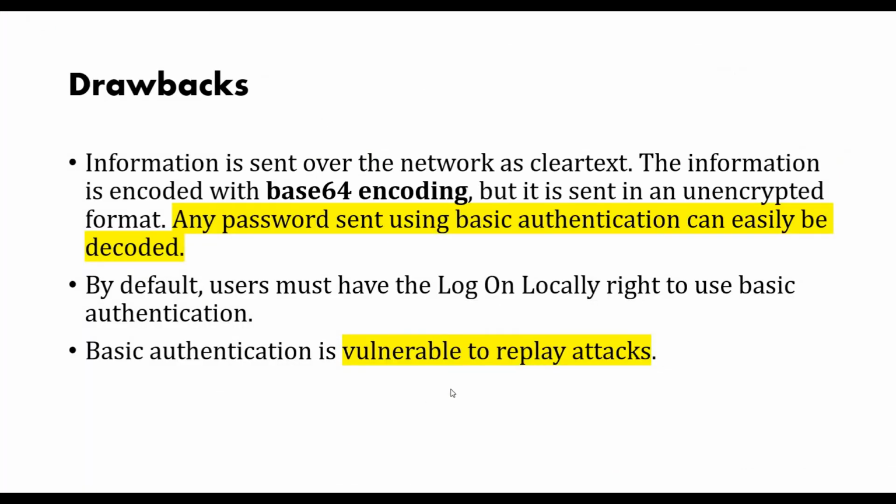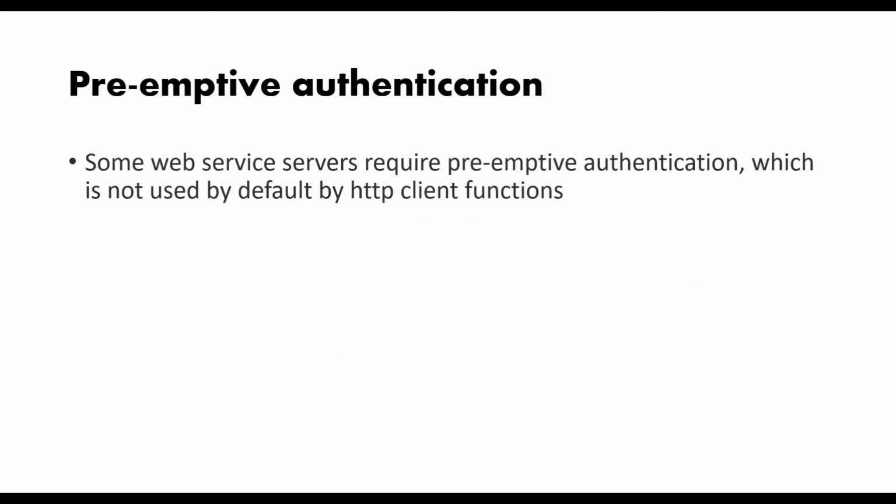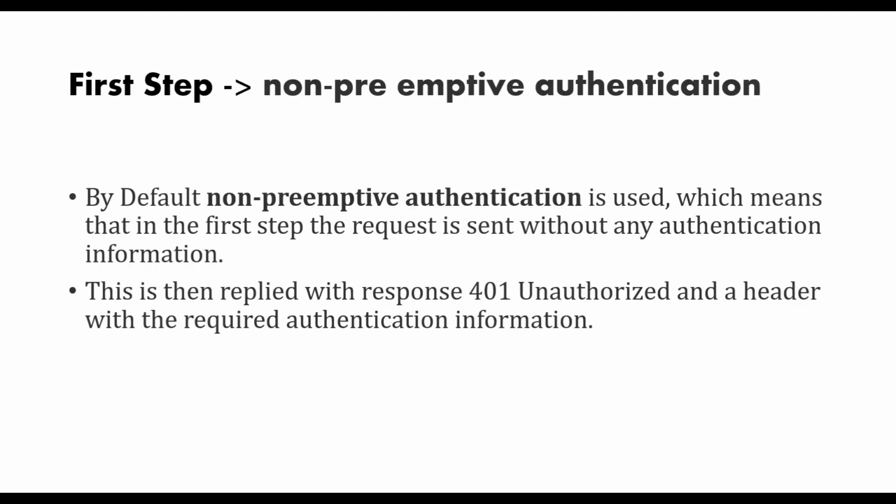Okay, in this way we are going to prefer preemptive authentication. So what is preemptive authentication? It is not used by default by the HTTP function. First I'm going to tell you about non-preemptive authentication, and then you will understand easily. What is non-preemptive authentication?